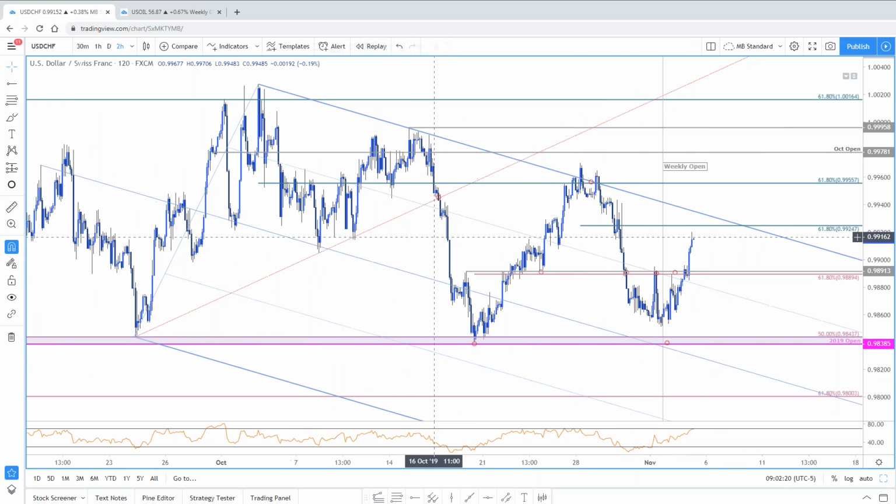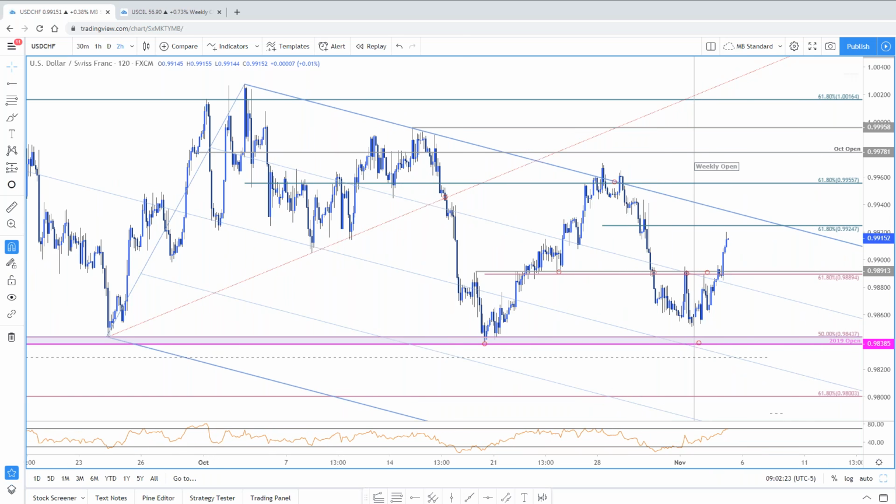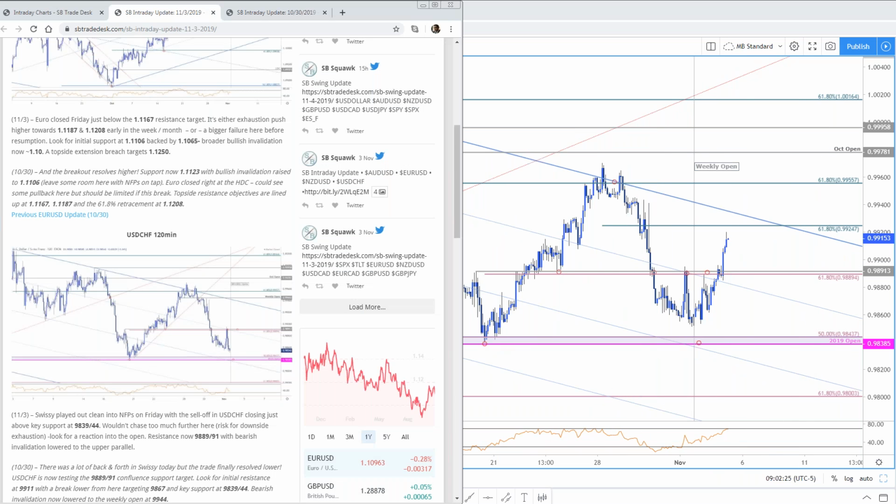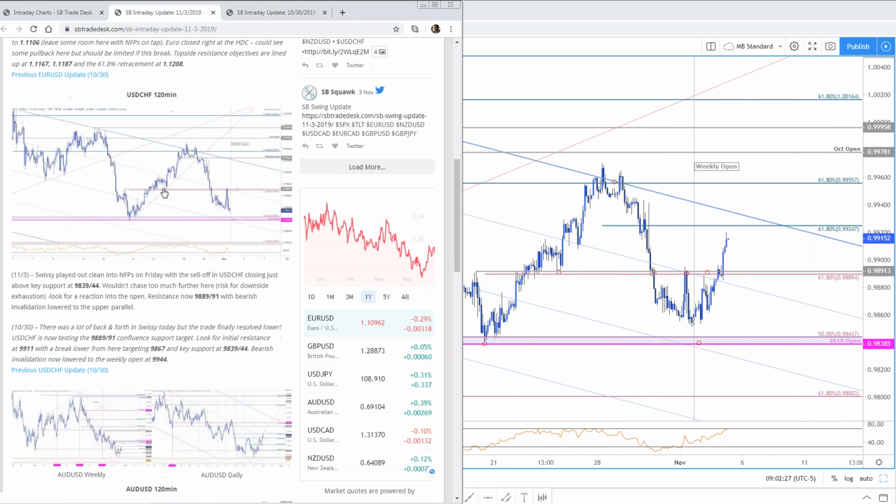The formation levels still look the same.